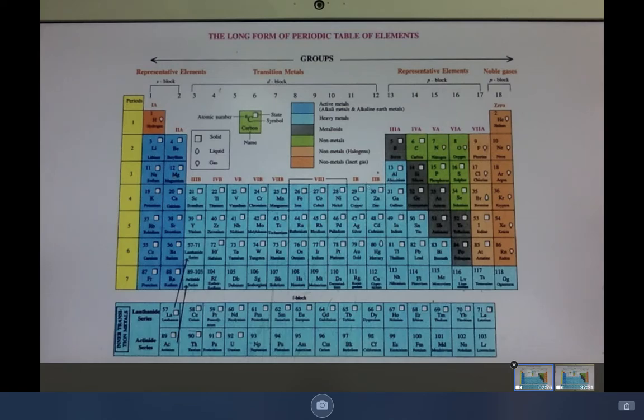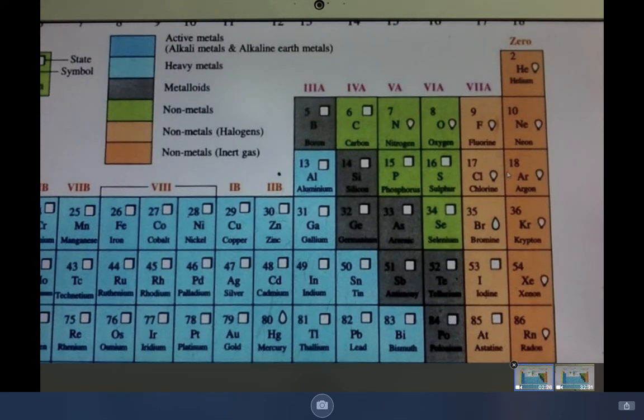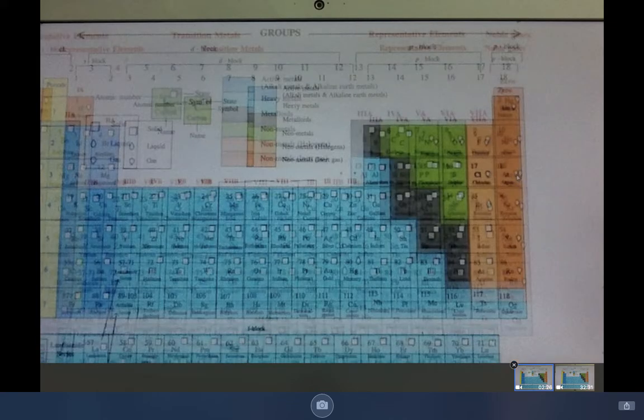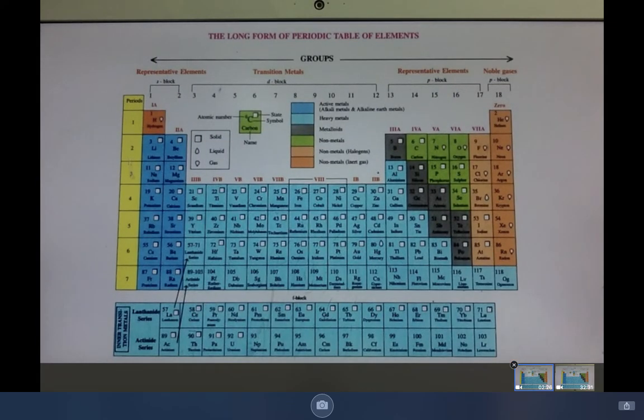Then it became 2,8,3, 2,8,4, 2,8,5, 2,8,6, 2,8,7, 2,8,8. So period number 3 has elements starting from sodium going right up till argon, which have 3 shells each. Period number 3 has 3 shells, period number 2 has 2 shells, period number 1 has 1 shell.